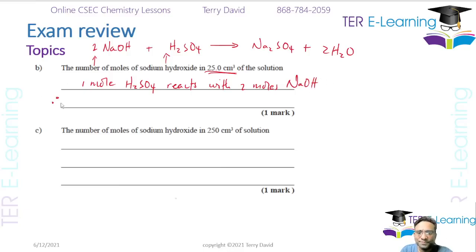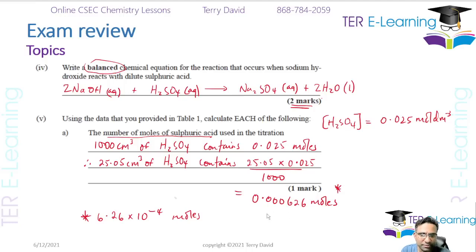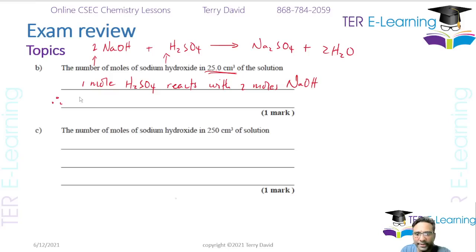So therefore, you know how much sulfuric acid we had, which is the answer we just got, which is this number here, 0.000626. So this here is 0.000626 moles H2SO4 should react with. All we need to do is to take that number and multiply by 2.